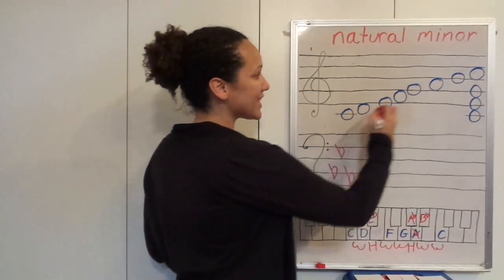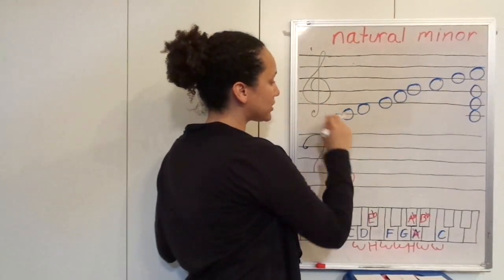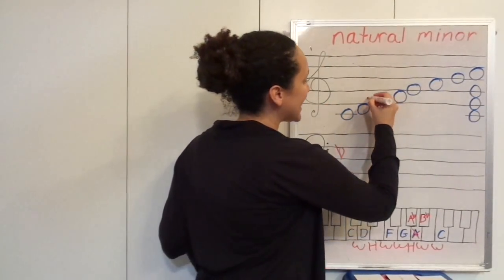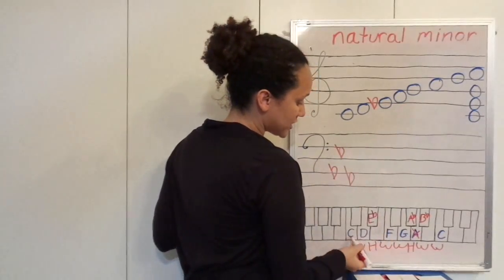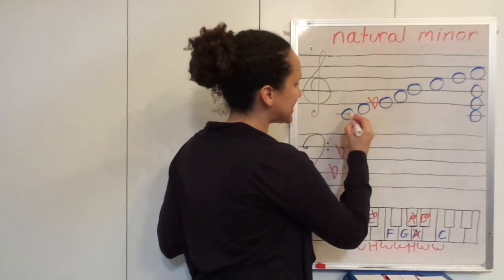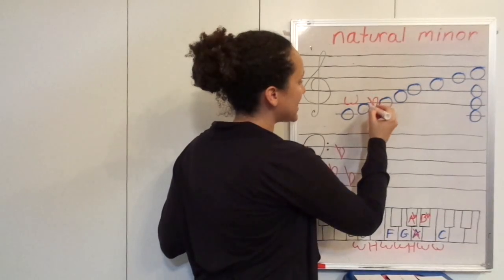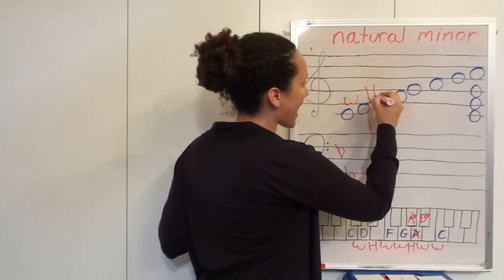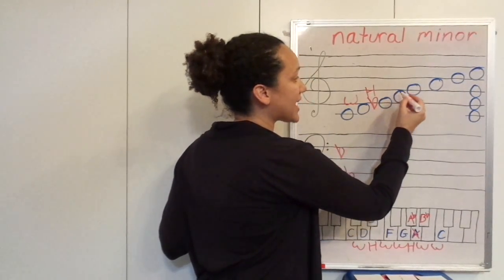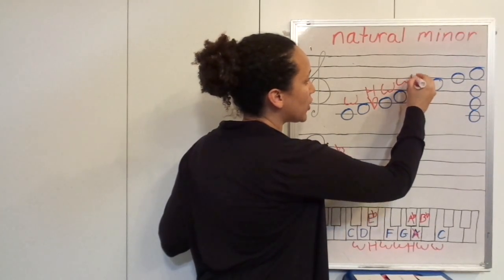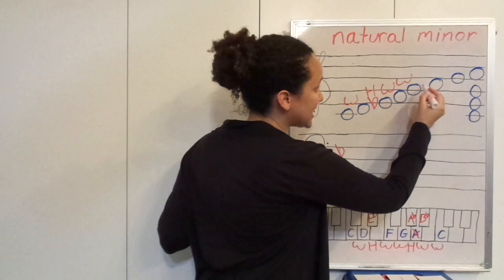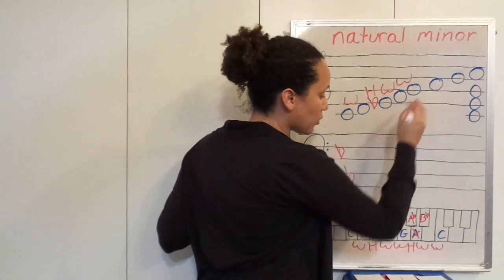Now let's take a look at how it's written on the treble clef. C, D, E flat. We have to add the flat in. So this is whole step and half step. C to D is a whole step. D to E flat is our half step. E flat to F is a whole step. F to G is a whole step. G to A is a whole step, but we don't want that.